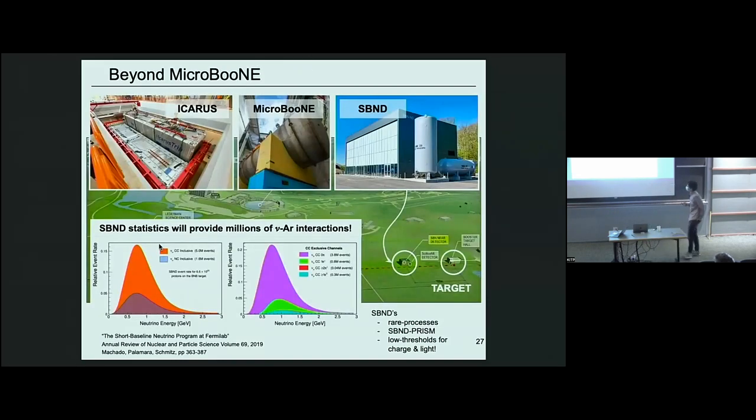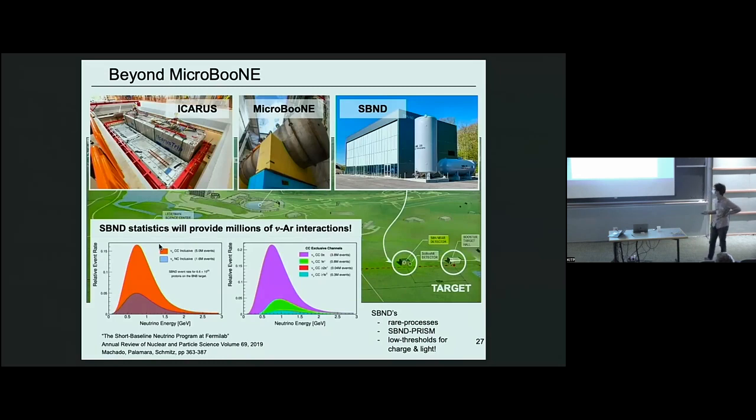So I just want to touch on one thing looking beyond MicroBooNE, and this is also relating to Ornella's talk. MicroBooNE is part of the broader short baseline program, which adds ICARUS and SBND. The star of the show, once it turns on, will become SBND because it's so close to the target.